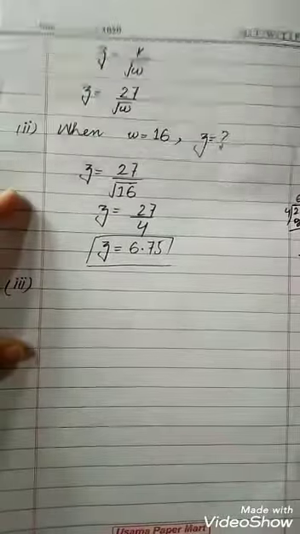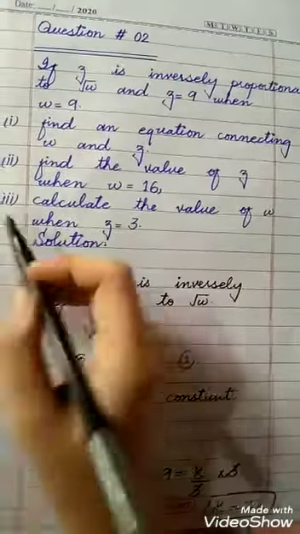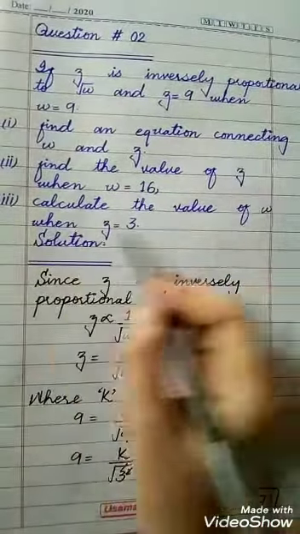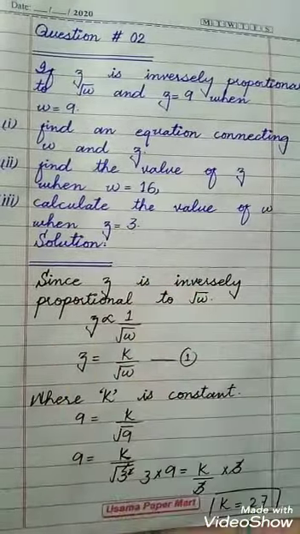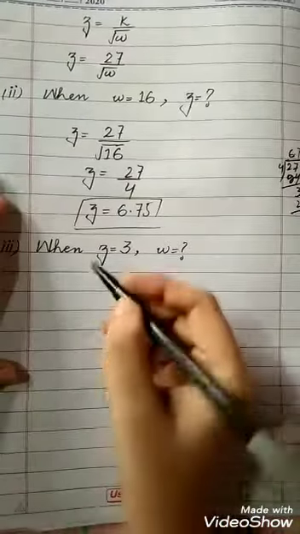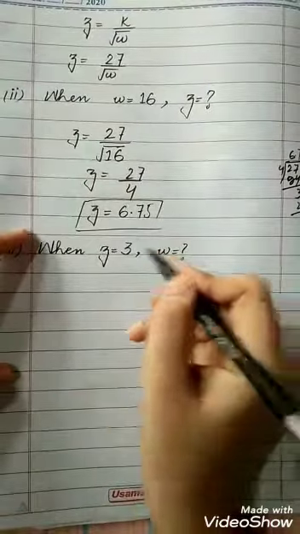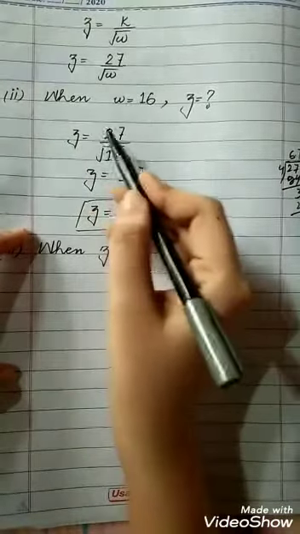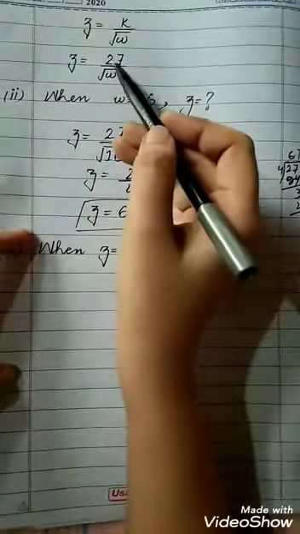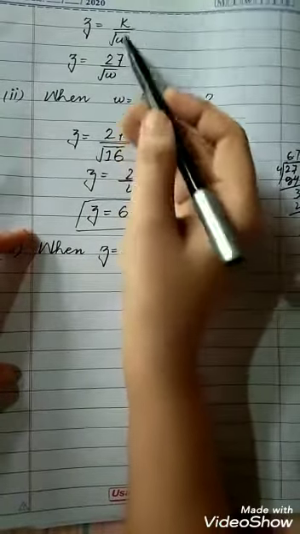What do we have to find in part 3 now? Part 3 says to calculate the value of W when Z is equal to 3. When Z is equal to 3 and we have to find W, we will place the values in this general equation.